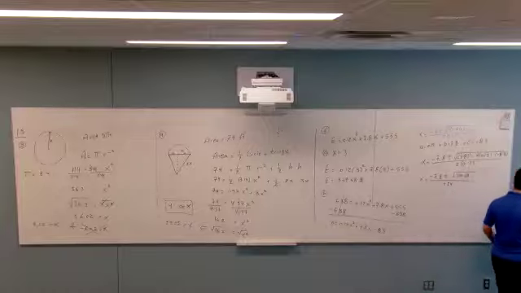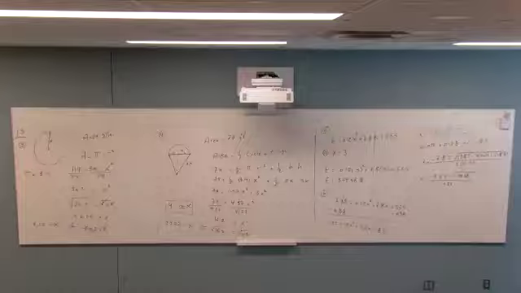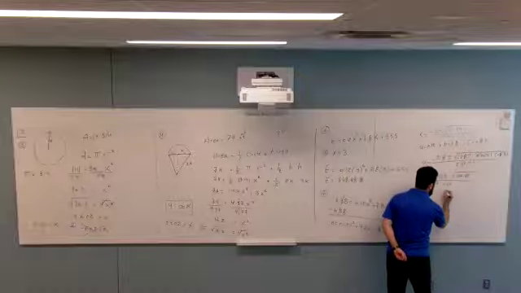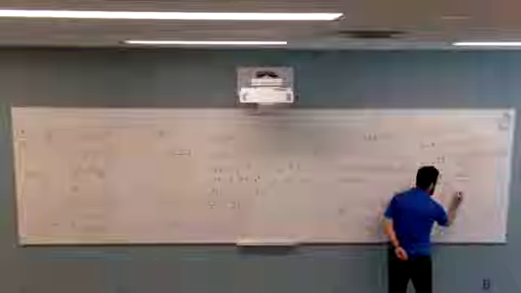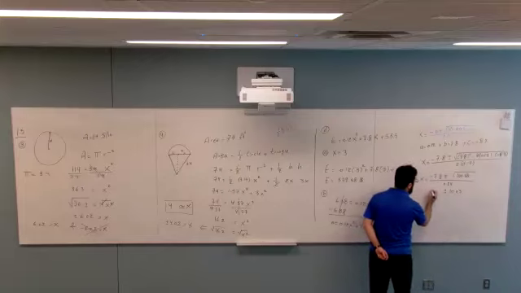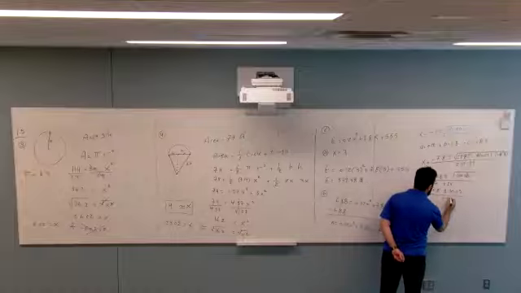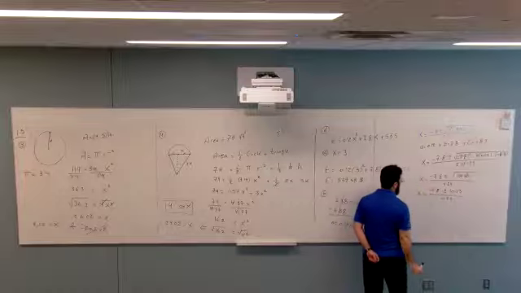What's the square root of 100.68? So this is plus or minus 10.03. And here is negative 7.8, divided by 0.24. This is the value of x.